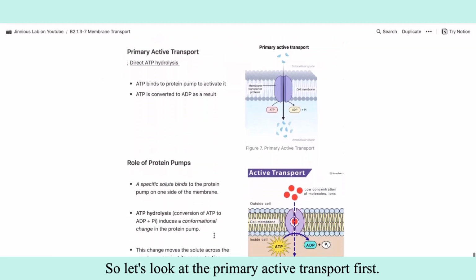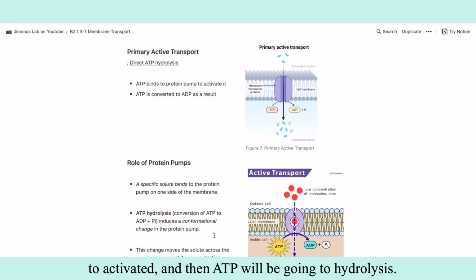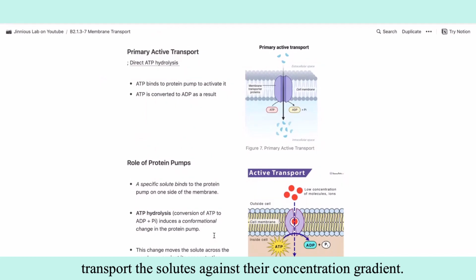So let's look at the primary active transport first. So here, what happens is that ATP will bind to the protein pump to activate it, and then ATP will be going through hydrolysis, and in this process, the protein pump can gain energy to transport the solutes against their concentration gradient.